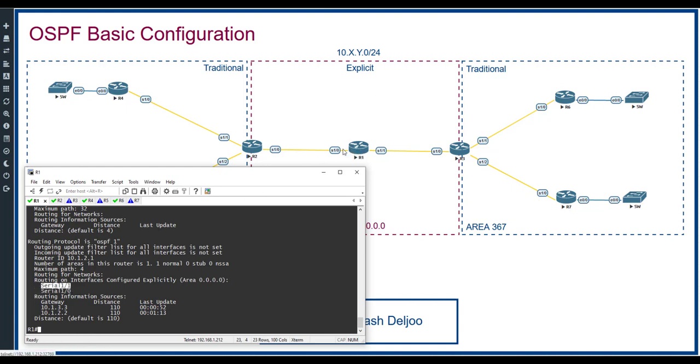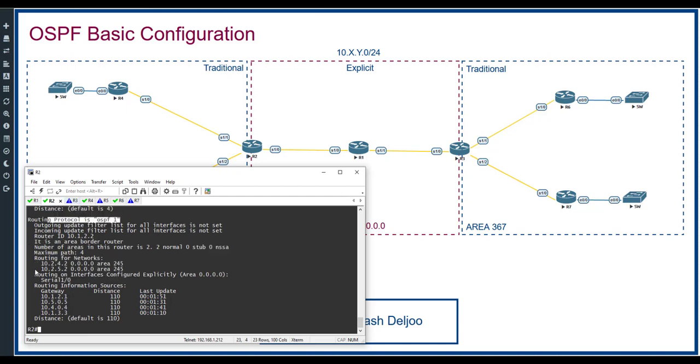This is true. And then in router 2, you can see that we have two statements, routing for network. Why? Because we have configured these two interfaces with the traditional method. But about serial 10, because we configured it with the interface-specific command, you can see routing on interface configured explicitly, area quad 0, serial 10.